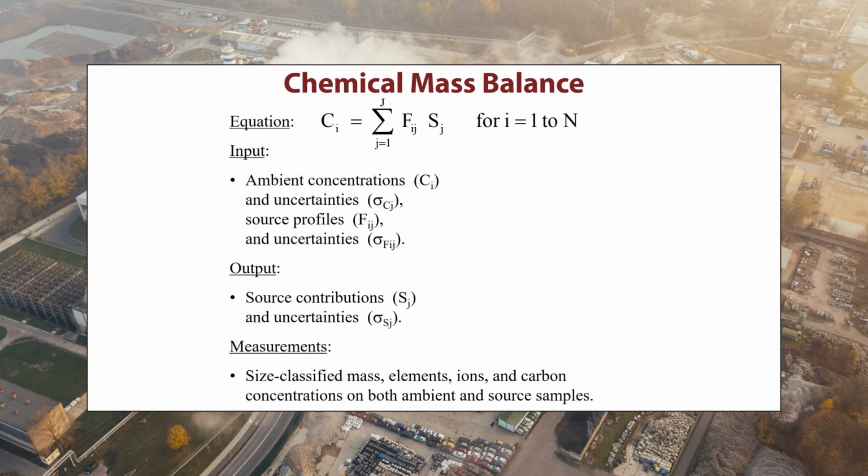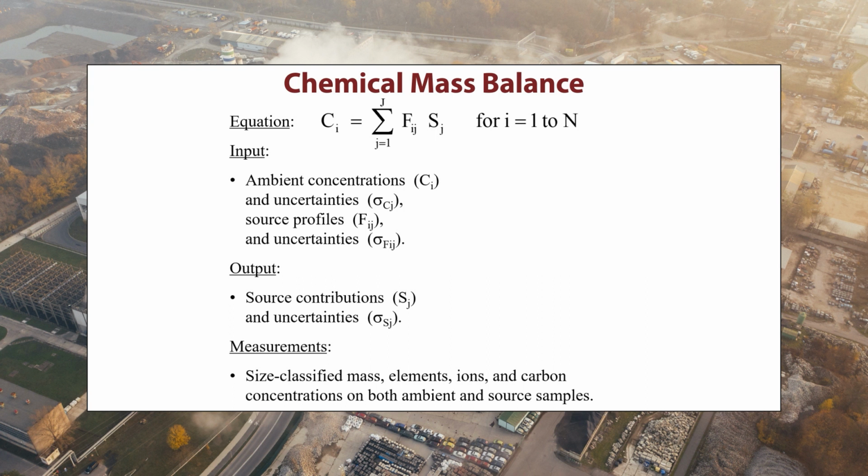So this is mainly based on mathematical models and statistical models. In this case, the input parameters are the ambient concentration Ci and its uncertainties, and the source profiles and their uncertainties. Output is the source contributions and uncertainties.